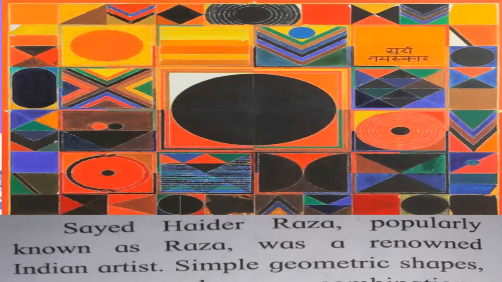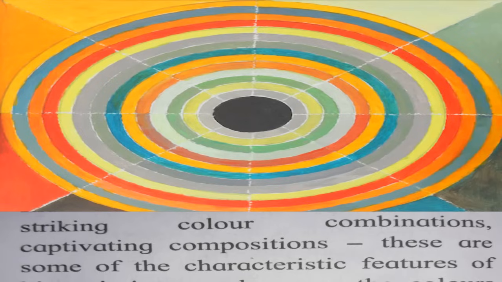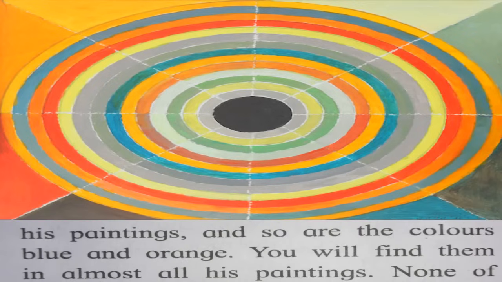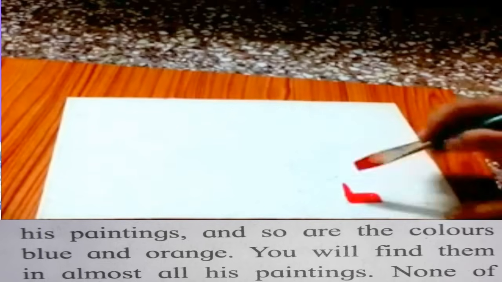The characteristics are simple geometric shapes, striking color combinations, captivating compositions. These are some of the characteristic features of his paintings, as well as the colors blue and orange he used in his paintings.